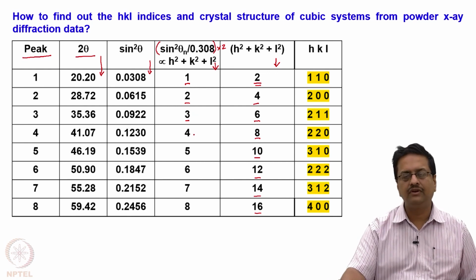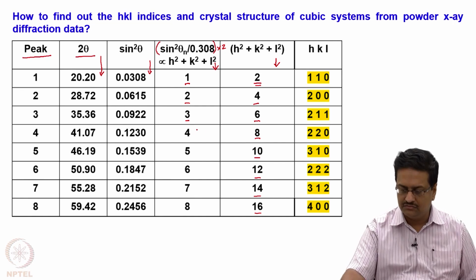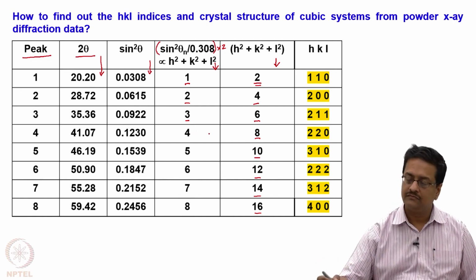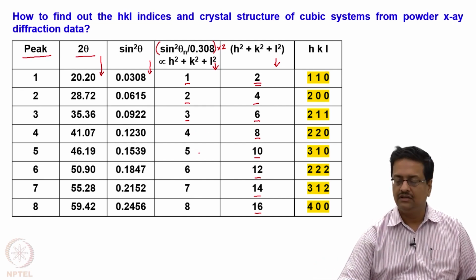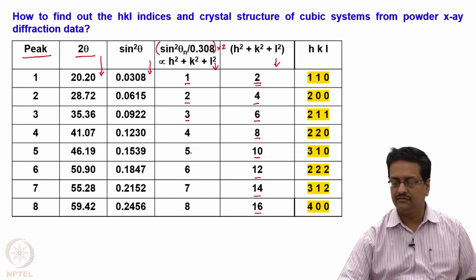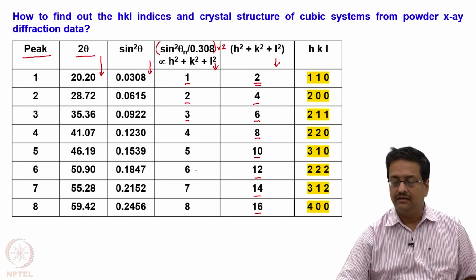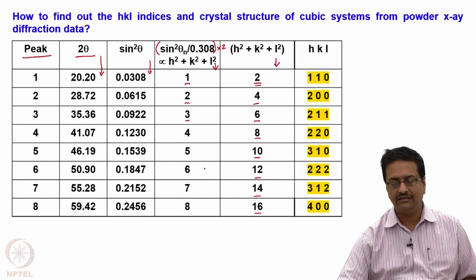In case of 4, it can be 2, 0, 0, 0, 2, 0 and 0, 0, 2. In case of 5, it can be 2, 0, 1, so 2 square is 4 plus 1, 5. In case of 6, it can be 2, 1, 1, which means 2 square plus 1 is 6.